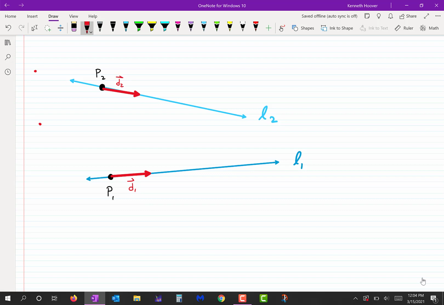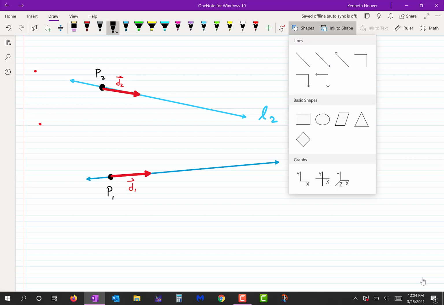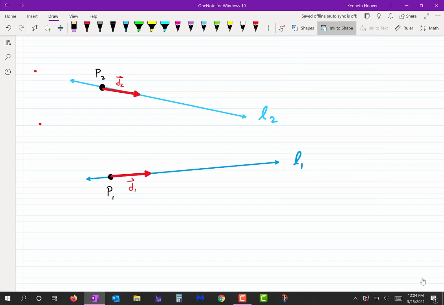Okay, now if I want to find the distance between those two, what I need to do is, I can't tell where it is in the picture, but somewhere these lines reach their closest distance from each other.